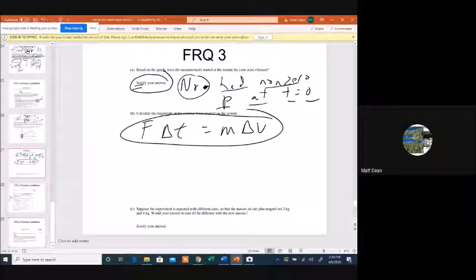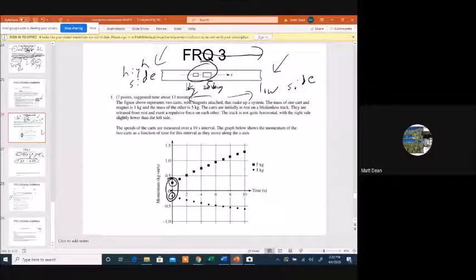First of all, I want to go back to the graph and figure out what's the momentum to begin with. What's the momentum at the beginning of the problem for our system? If we look right here, this first object, the 5 kilogram object, looks like it has about 0.25 kilogram meters per second of momentum.